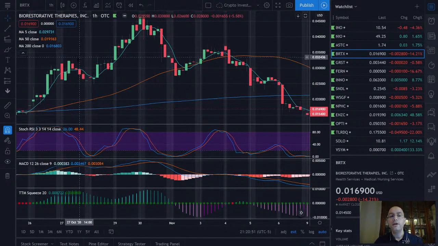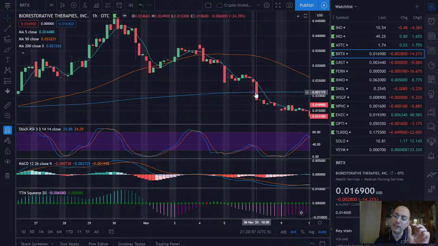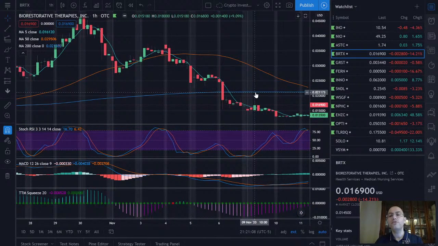It actually moved up. So always look for a confirmation in the next candle. And yes, you might lose a little bit of profits, but it's better to wait and have less profits with a confirmation that the trend is reversing than to actually jump in and be surprised with a reversal in the trend.